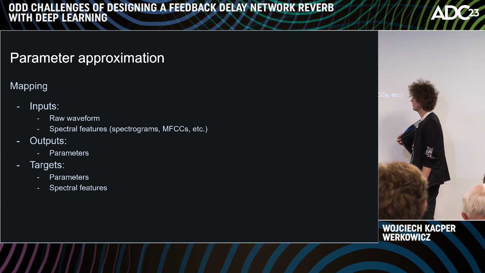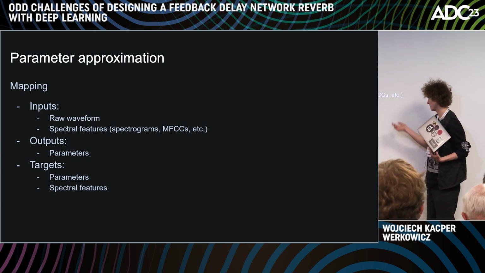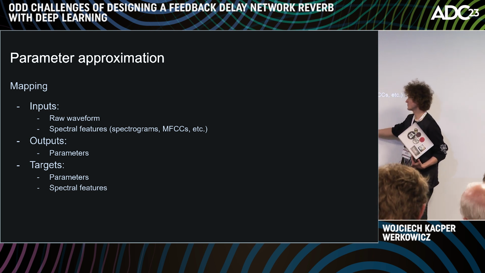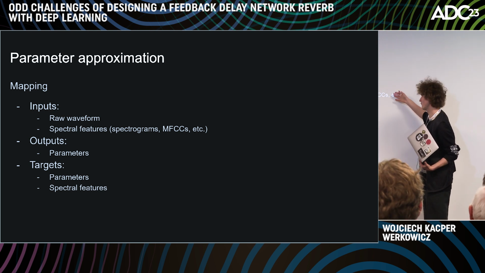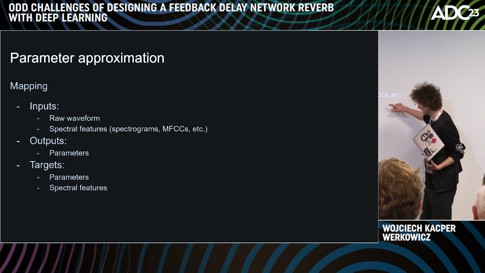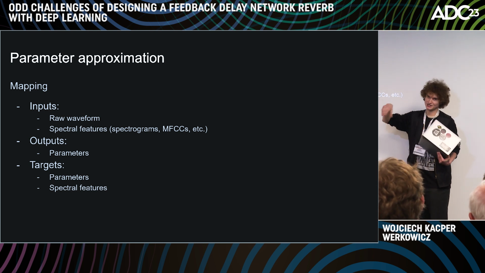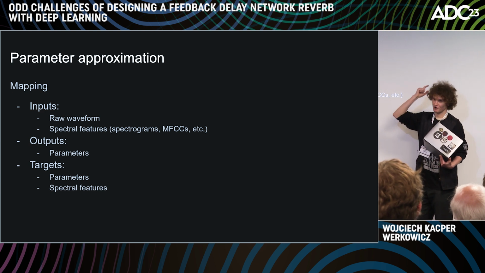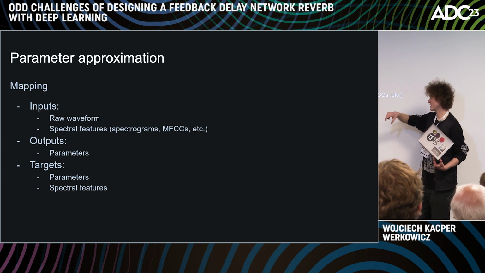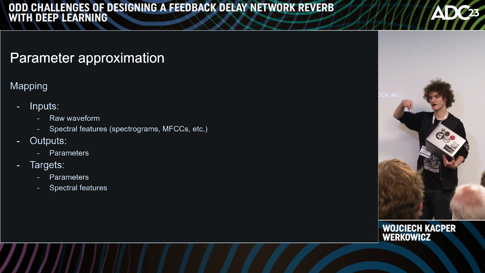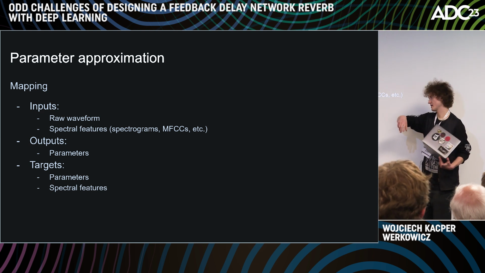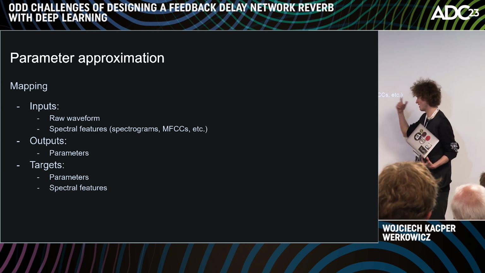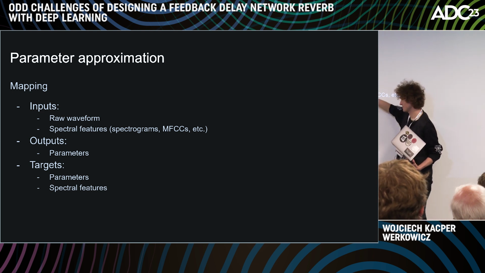And then, with end-to-end training, which we'll talk about later, you can also compare the spectral features. Generally, we will input the spectrograms, but if we manage to put our FDN inside of the training loop, then for each generated set of parameters, we could plug them into our FDN, put an impulse through it, take the spectrogram of the impulse response of that FDN and compare it to the original output.